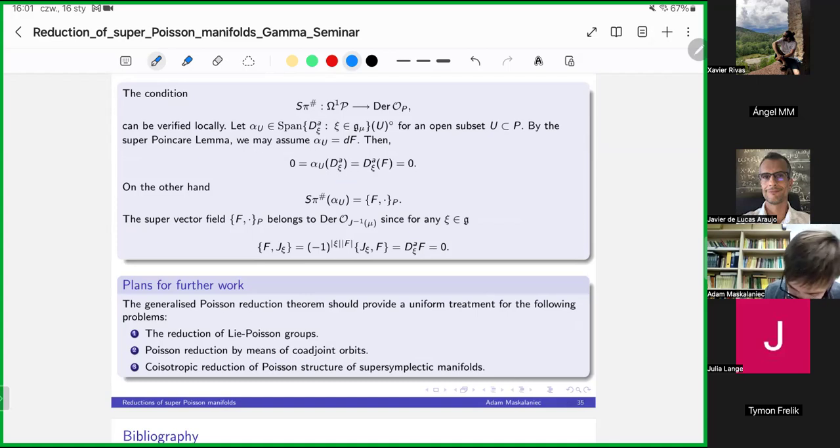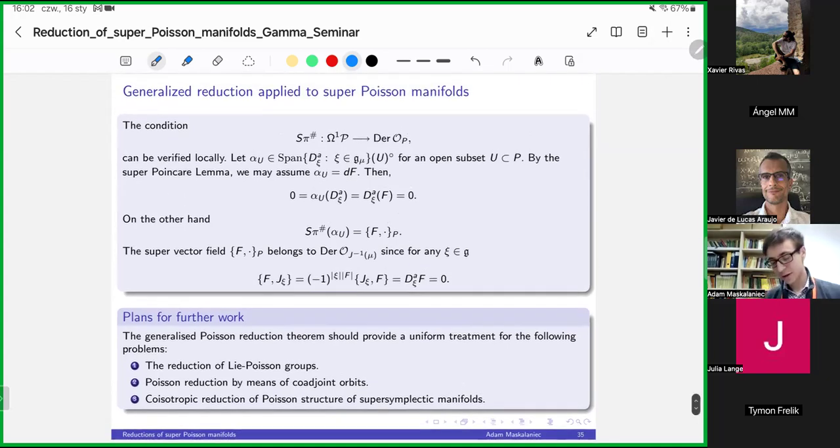But since alpha u is equal to df, this is evaluation of this fundamental vector field on the primitive form of alpha, namely the superfunction f. On the other hand, the super Poisson bivector acting on alpha u gives us this Poisson bracket with f. And then we directly calculate that dA psi acting on f is 0, so our condition is satisfied.